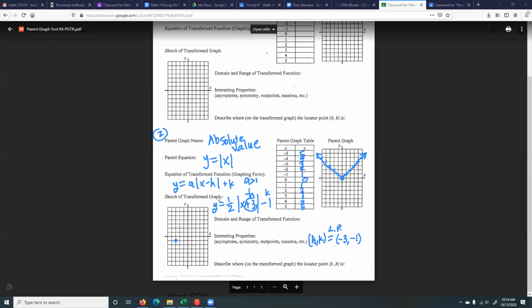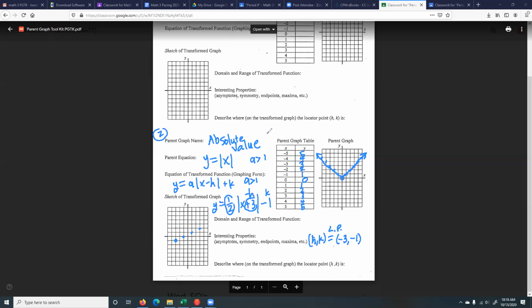And let's see, our A is positive, right? If A is greater than 0, it means it's going to point up. And this is actually our slope. And you know, we could make a table, we could put numbers in here and make a table, but our slope should be up 1 over 2, up 1 over 2, up 1 over 2, because your A is your slope.